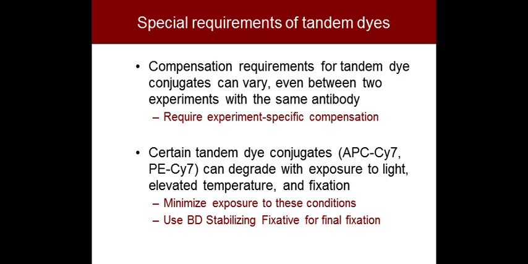So it's a way that we can get more fluorochromes into a particular laser line because we can excite them all at the same point, but we can get longer wavelength emissions by making some tandems. And so examples of tandems are PE Cy5, APC H7, PerCP Cy5.5. All of these are tandem dyes.